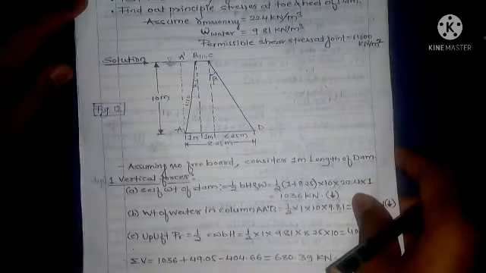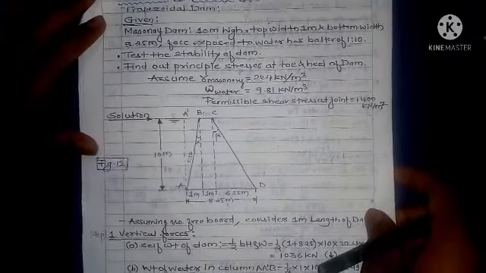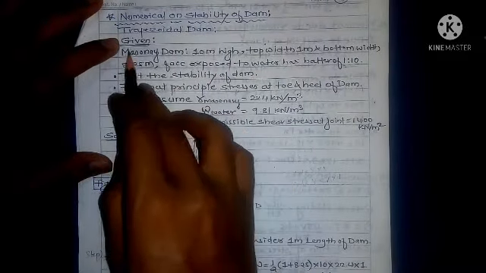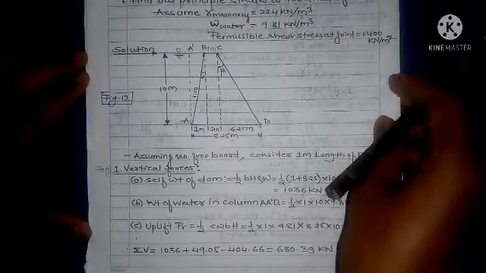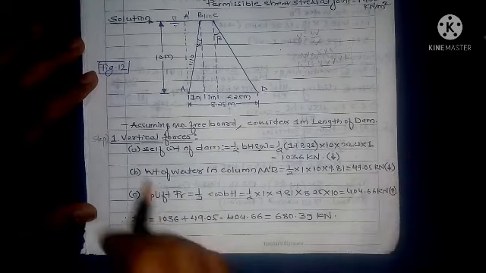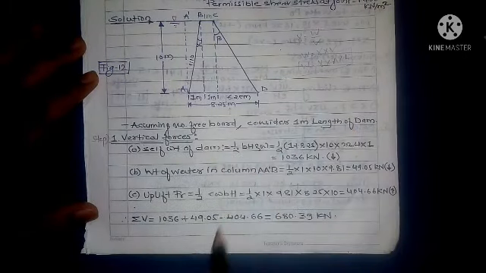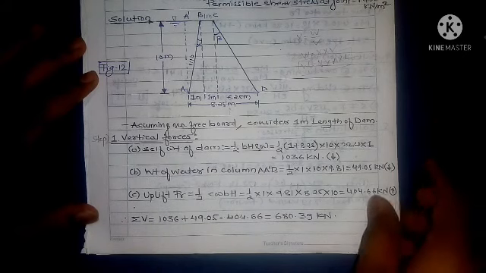So once again we revise the whole steps. So read the problem statement or numerical, write down the given data, then draw the suitable diagram from the given data. Then the first step is vertical forces. So find out all the vertical forces, that is weight of the dam, weight of water column, then uplift pressure.